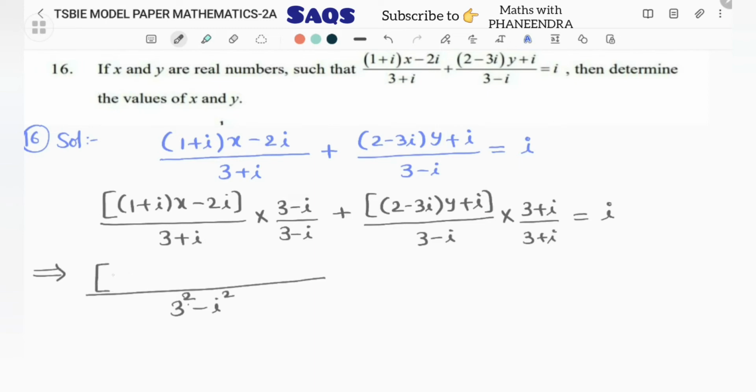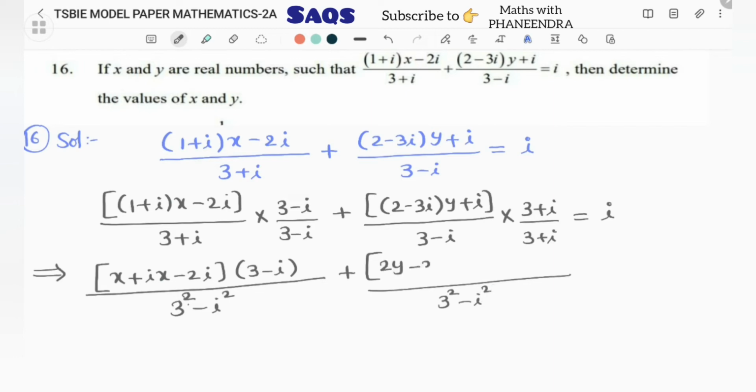So first the bracket value, (x + ix - 2i) into (3 - i), plus here in the denominator (3 - i)(3 + i), 3 squared minus i squared. So here also (2y - 3iy + i) into (3 + i) is equal to i.